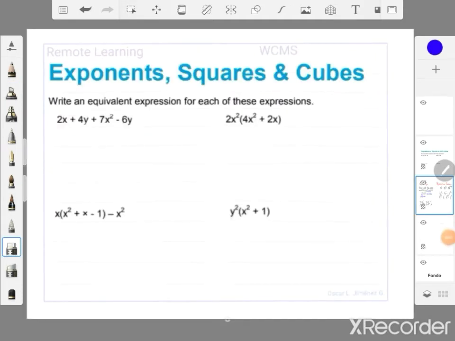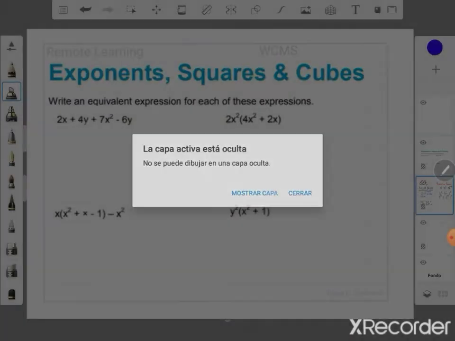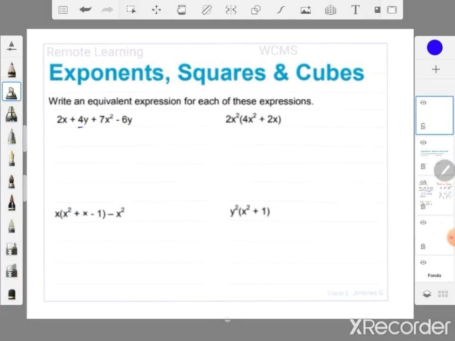Okay, so now we are going to try to solve these situations right here. We need to write equivalent expressions for each of these expressions. I'm going to try to show you this very fast. So look, we need to remember the like terms situation. If you identify, we have just two like terms right here, 4y and minus 6y.